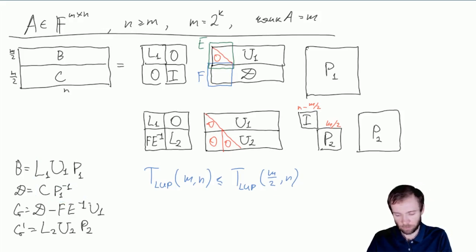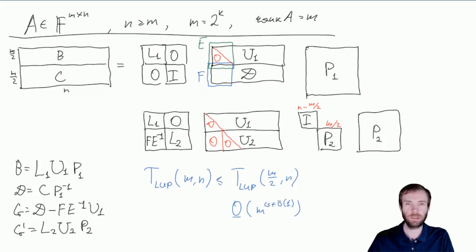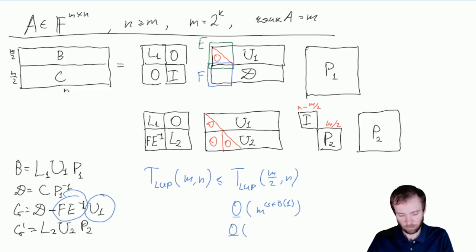We need here also to compute inverse of E, which can be done in time big O of M to the power of omega plus little o of 1, because E is a square upper triangular matrix. Then F times E also takes this time, because both of these matrices are square matrices of order M over 2, and computing the product of this square matrix by this rectangular matrix can be done, as we have checked, in time big O of N times M to the power of omega minus 1 plus little o of 1.